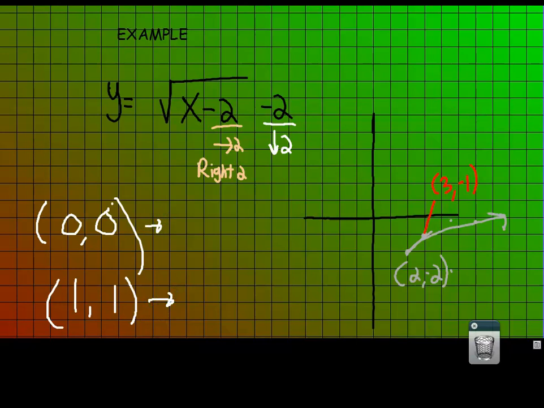If I'm going to go down 2 units here, that's going to make those negative 2 and negative 1, because I'm essentially adding a negative 2.